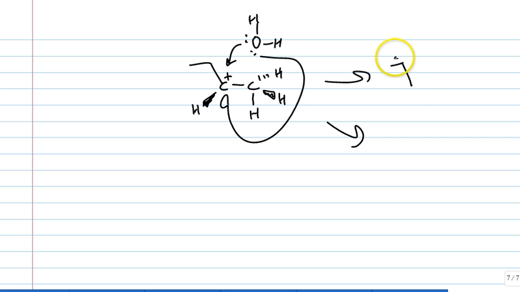So what you end up getting is 2, 3, 4. One of them like this, and one of them like that. Oh, that's not right. 1, 2, 3, 4. I drew it the wrong way, but it's still the right answer.